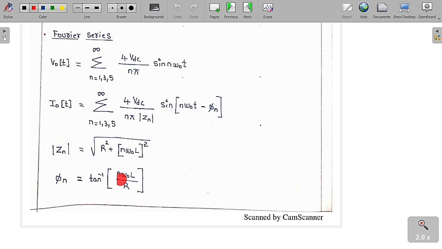N is not outside, n will always be inside. This is the thing that we need to always be careful about. So always phi n is equal to tan inverse of n omega naught L by R, with n always inside, but not outside of the tan inverse.